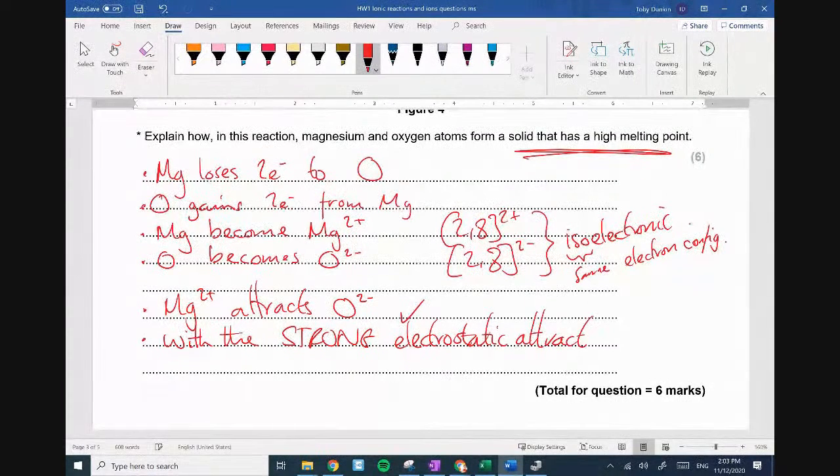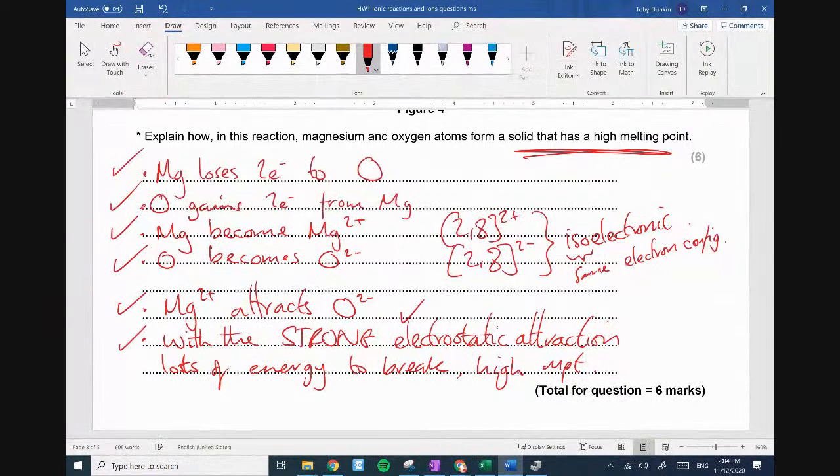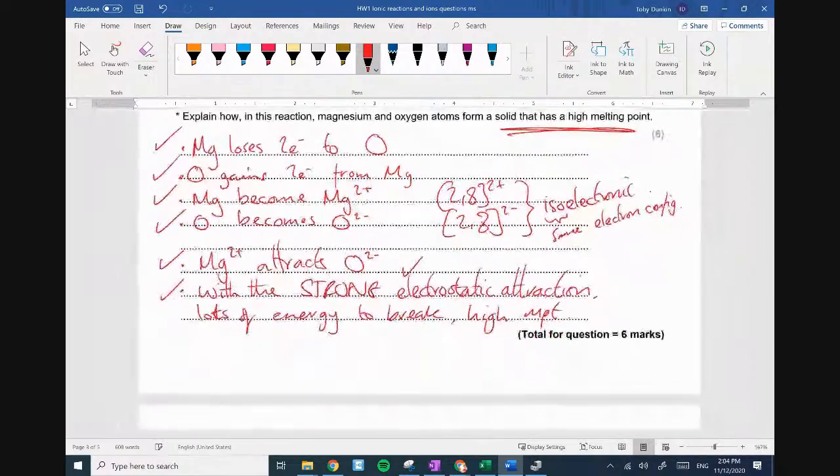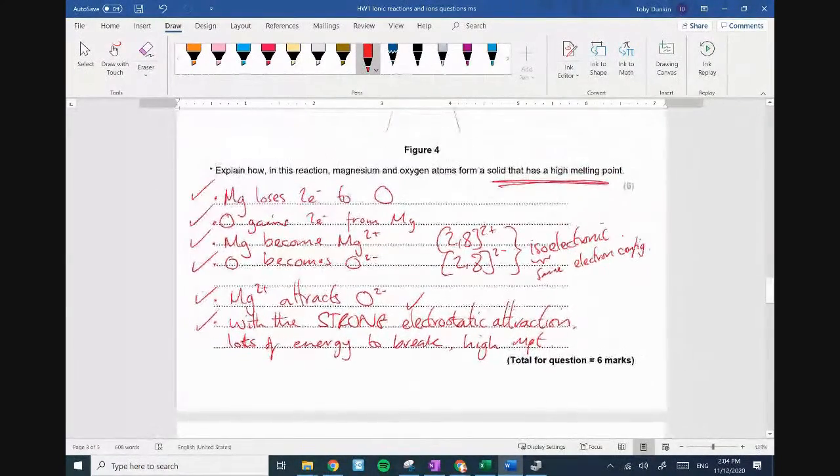Lots of energy to break, high melting point. High MPT. There we go. The marks, 1, 1, 1, 1, 1, and actually just up to the electrostatic attraction, they will allow that at that point. But it's nice to give that extra level of detail.